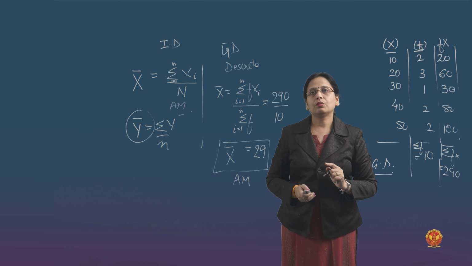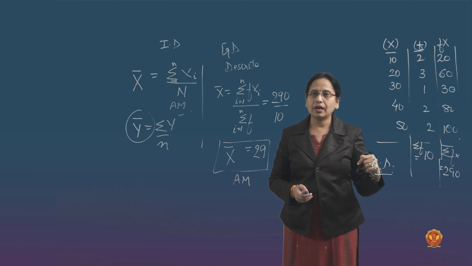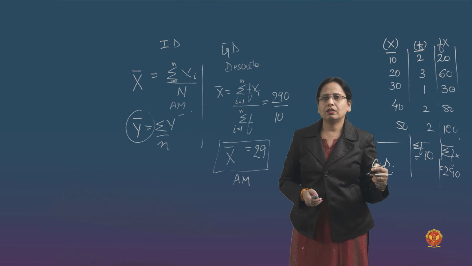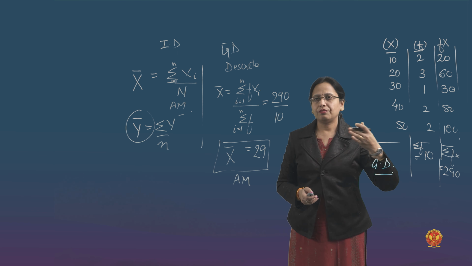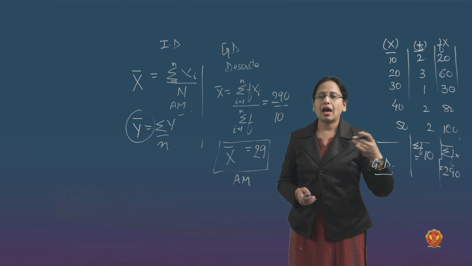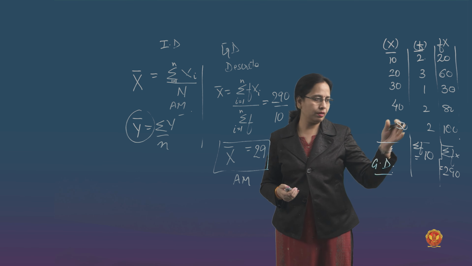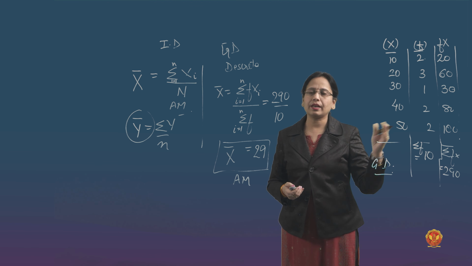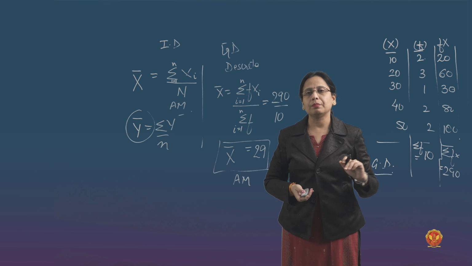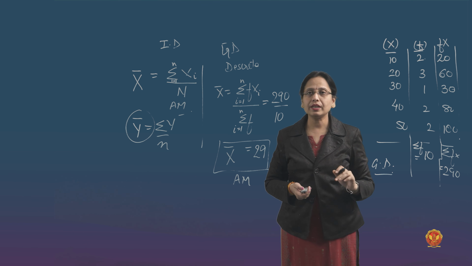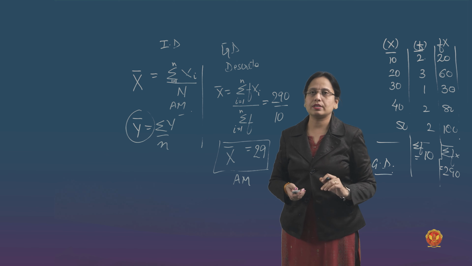What happens when the data is given in the form of values like marks and number of students, and the data is large, not simple, maybe in decimals? You can calculate using the assumed mean method also. We'll take that later. First look at one more example based on the same concept.